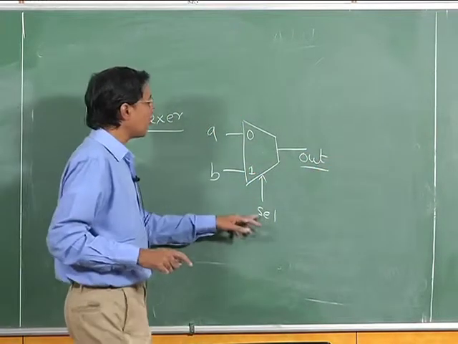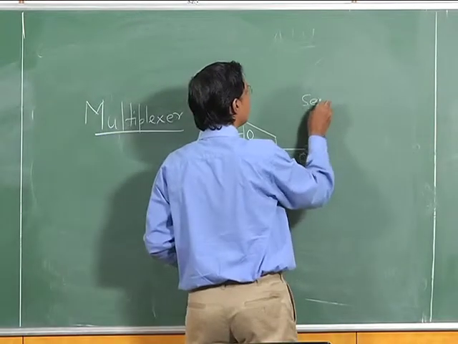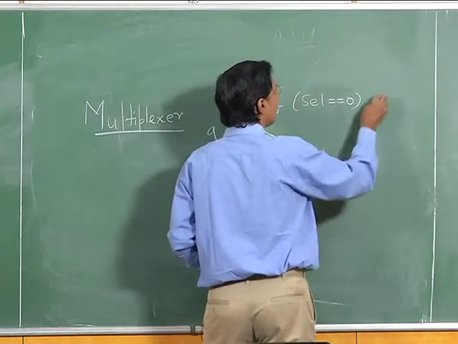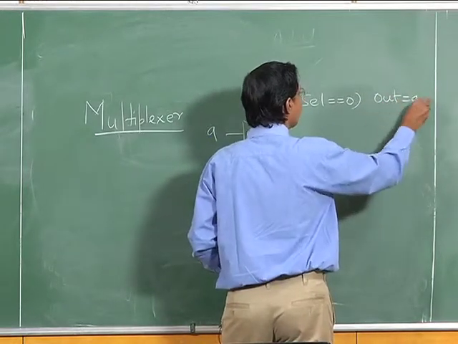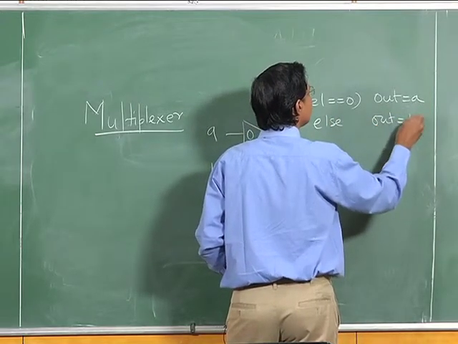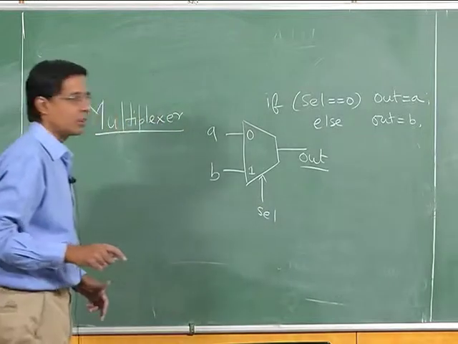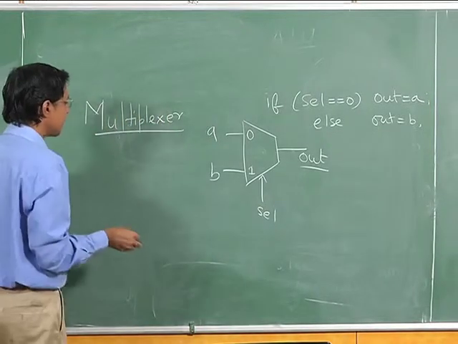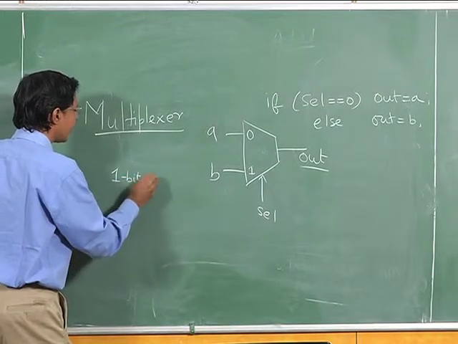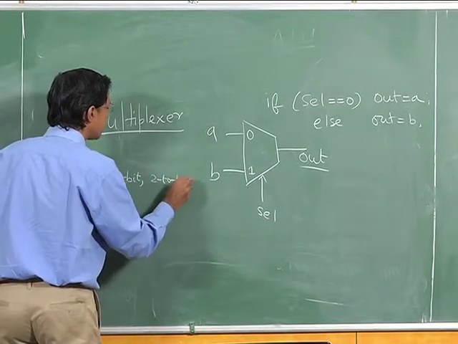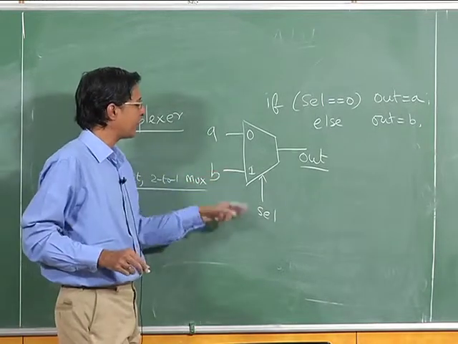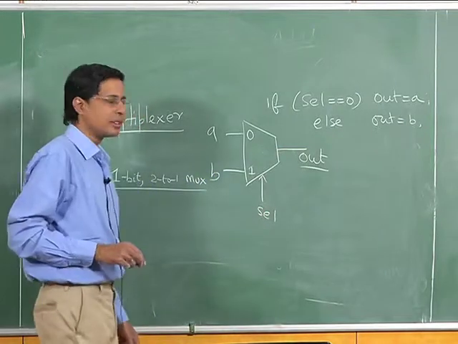If your select is 0, out is A, else out is B. Okay. So this is a 1 bit 2 to 1 mux. A and B are 1 bit and this is a 2 to 1 mux.